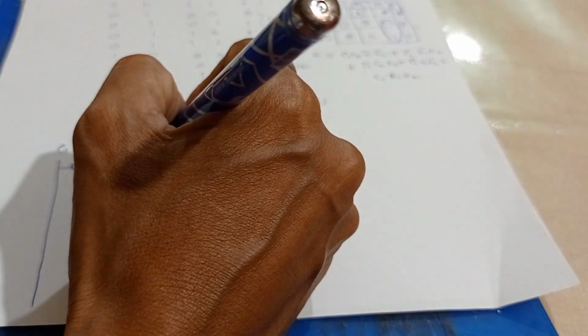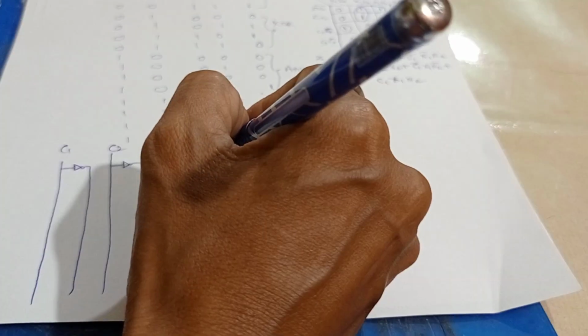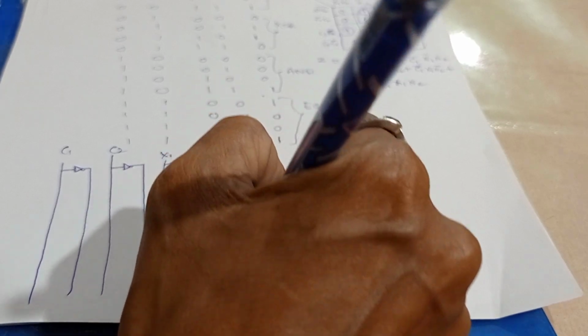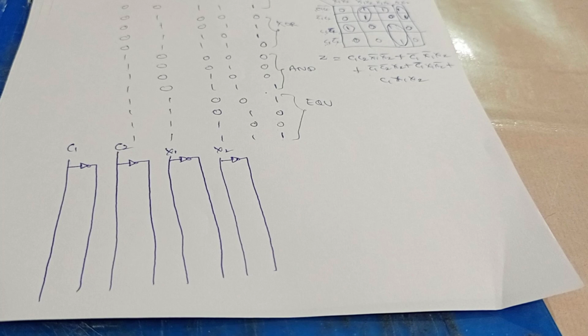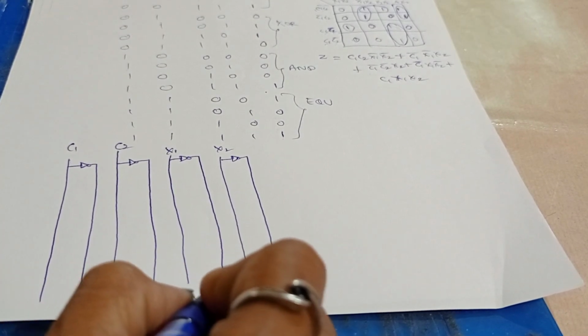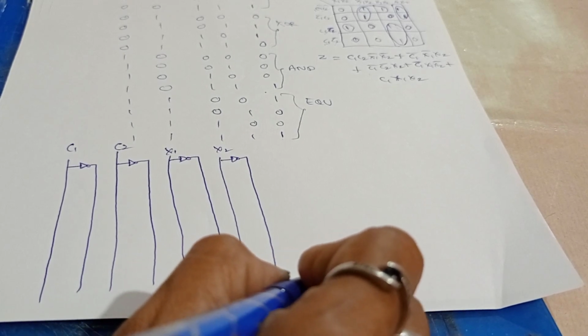These are the control inputs and data inputs. X2 is another data input. Now from this we'll draw the AND-OR gate circuit.